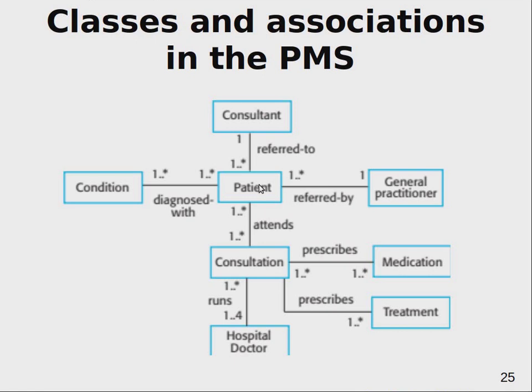So if you look at a particular patient and then you look at this general practitioner, then you look at the referred by field of it and you see that it is related to the patient by this value of this referred by field.